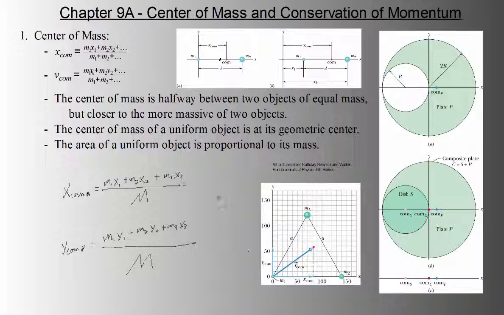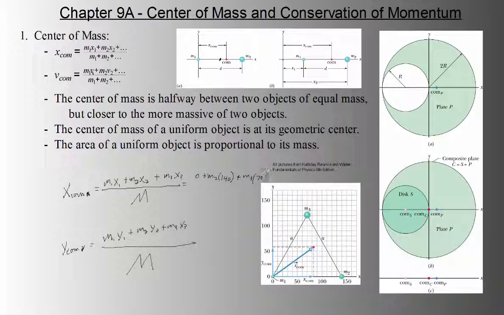So what are these values? x1 is 0, so that just becomes 0. m2 is at, what's this, 50, 100, 110, 120, maybe 140. So plus m2 times 140, and plus m3 times, looks like it's at 50, 60, 70.